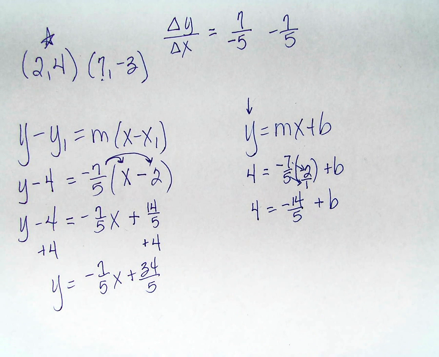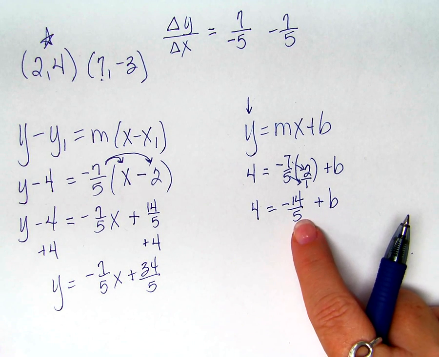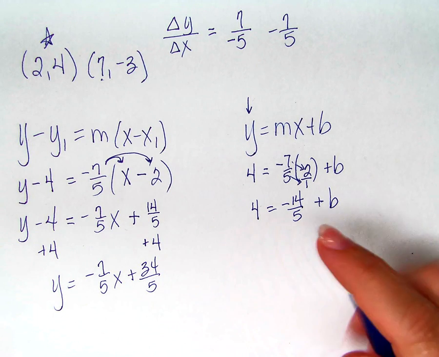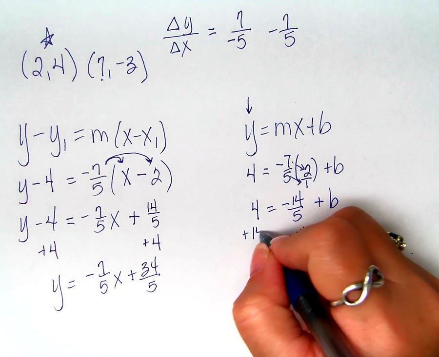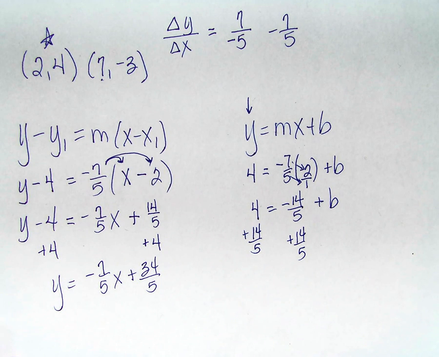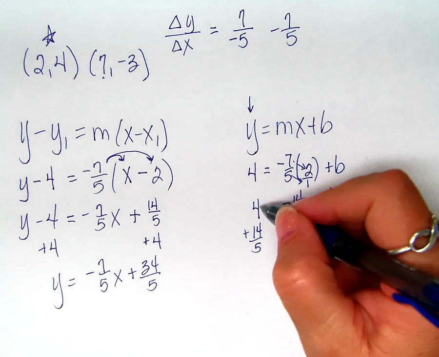What am I trying to solve for again? B. I have to have it by itself. So in order to get b by itself, I need to get rid of this. Add 14/5 to both sides of the equal sign. In order to add fractions, what do I have to have? Common denominator.